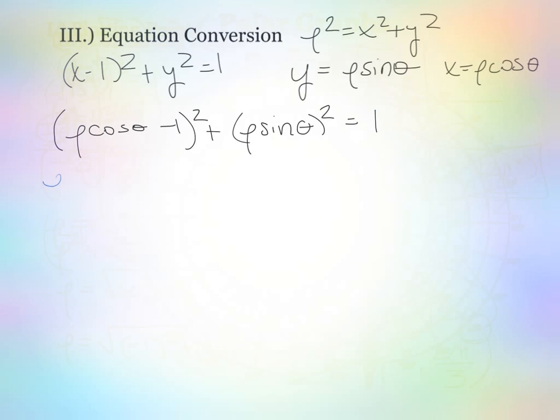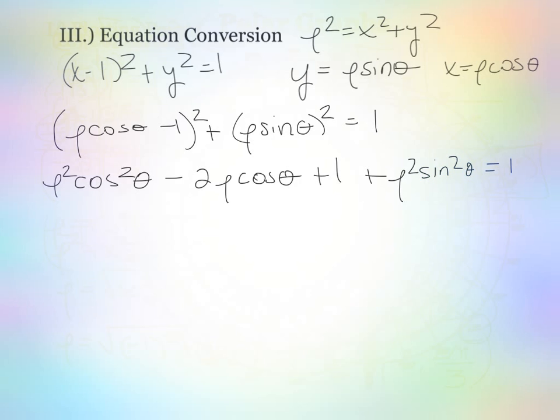So that becomes rho squared cosine squared of theta minus 2 times rho times cosine of theta plus 1, then plus rho squared sine squared theta equals 1. Now the 1's drop out. Then let's regroup.